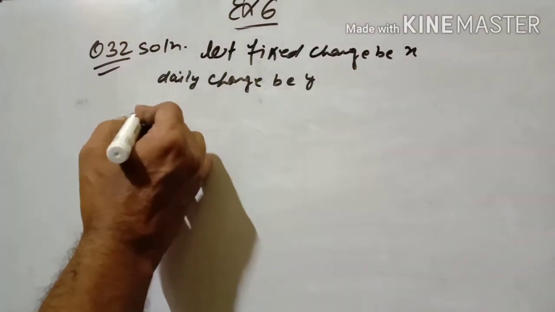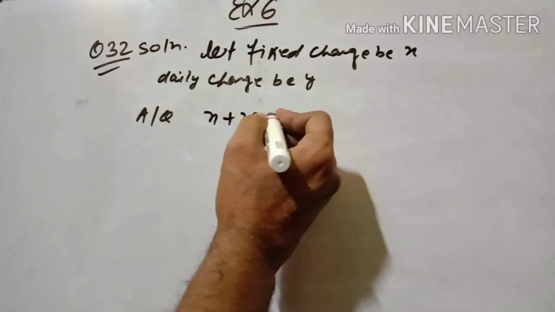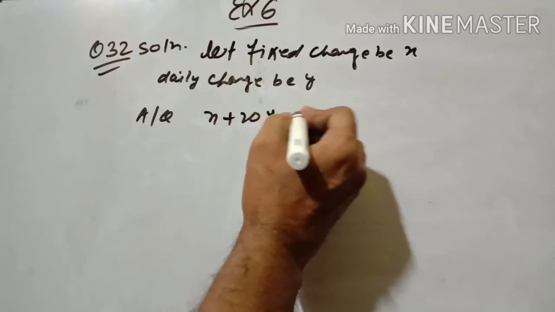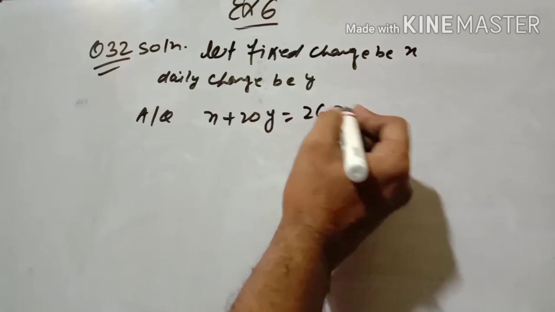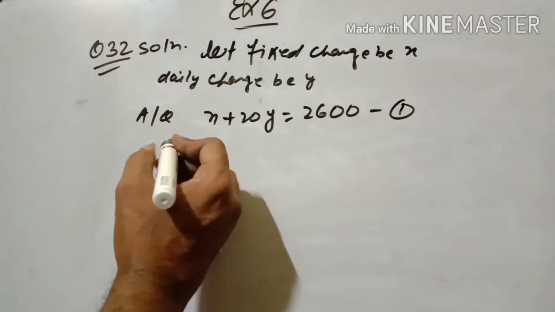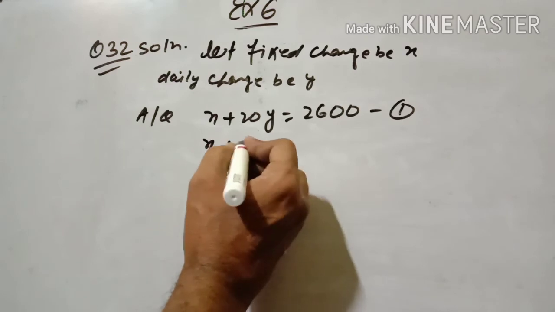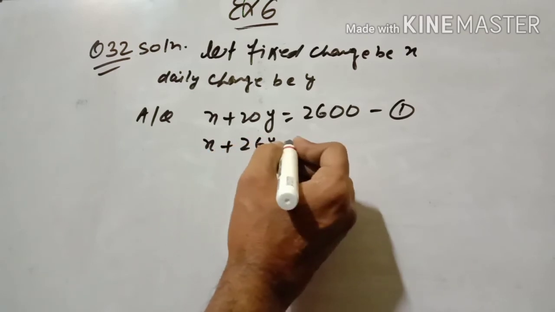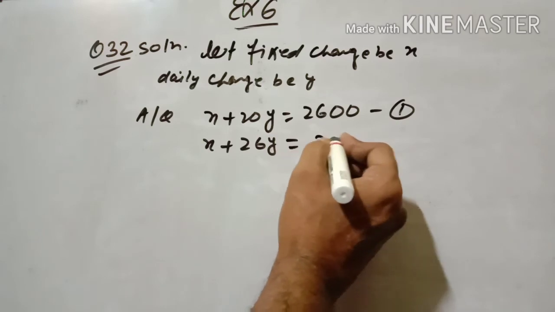So according to the question, X plus 20Y equal to 2600, the first girl is paying 2600. Let it be equation number 1. And the second girl, according to the second condition, 26 days, she is paying 3020.